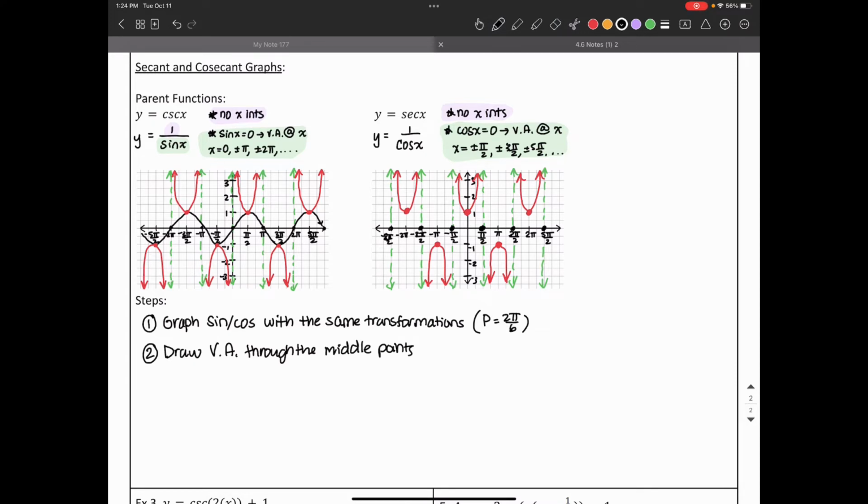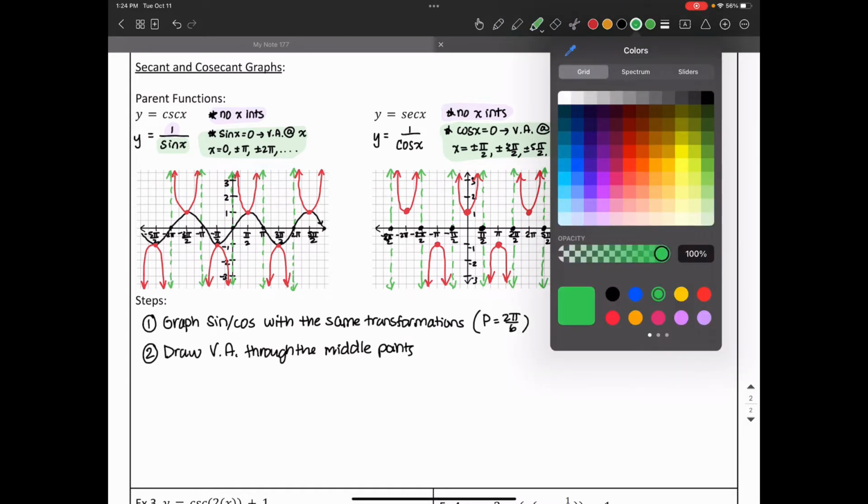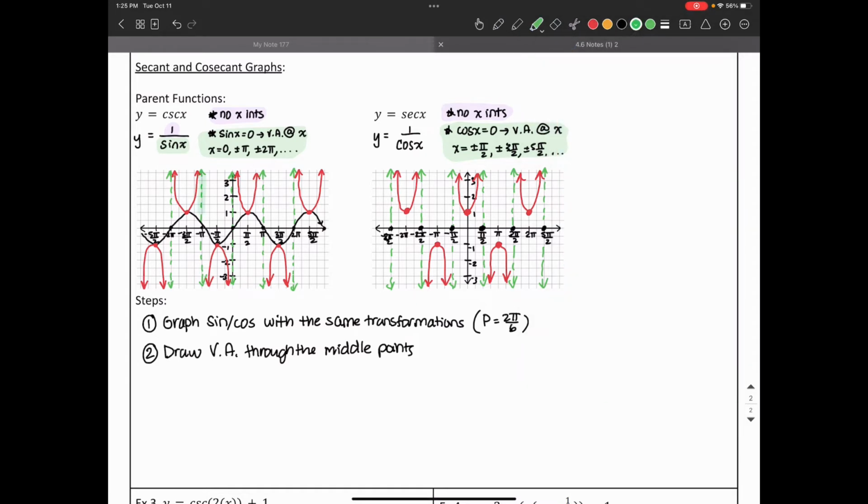So notice that in both of these graphs, let's look at where the vertical asymptotes are. I guess we can use green. I'm going through the middle of the sine graph. Here, I'm going through the middle of the, I didn't draw the whole thing, but I'm going through the middle of the cosine graph for where those vertical asymptotes are.